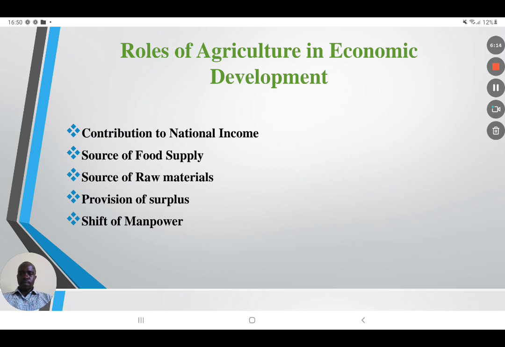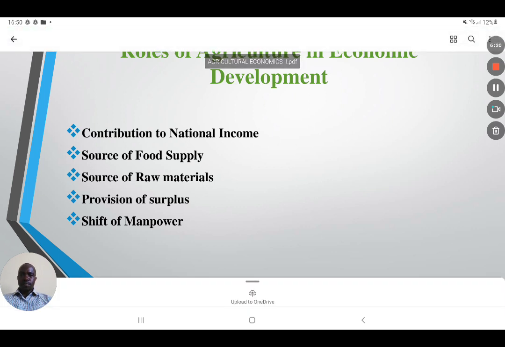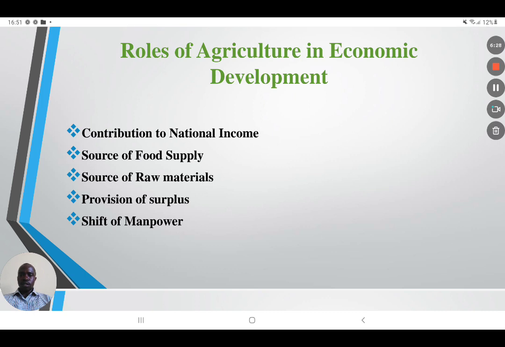Then shift of manpower is also another role of agriculture. In this case, agriculture helps us in getting manpower for different activities in the economy. There are people who get involved in the value chain at different angles, and these people are able to specialize in one or two activities that they can do best, and this helps to improve the work efficiency and productivity of a given industry.